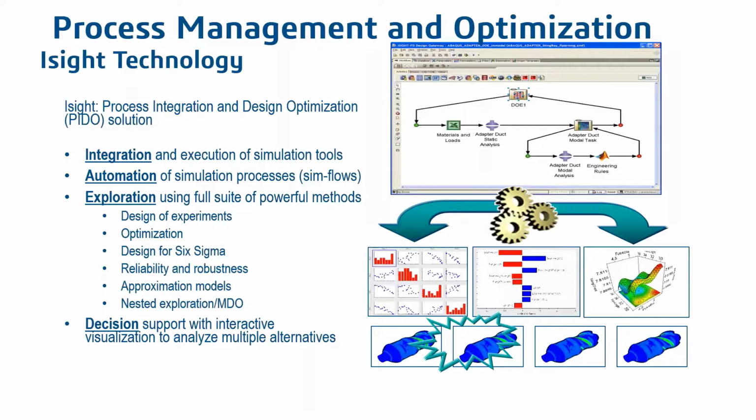I mentioned that there were other products on the SIMULIA brand, and another one is Isight, which is also our process management and optimization tool. Isight is in reality also a software robot, if you will. So Isight can be used to drive other applications such as Abaqus, and as such we can use it to integrate and execute one or multiple simulation tools.